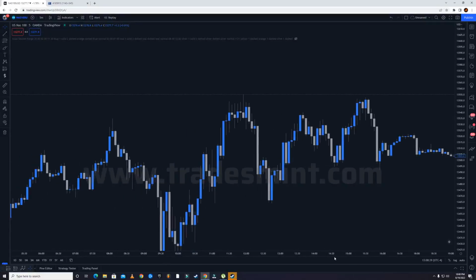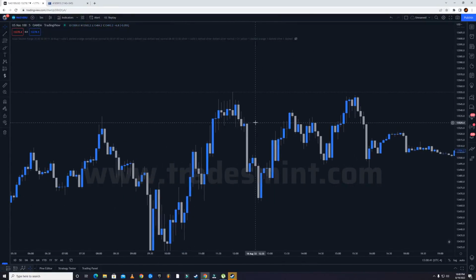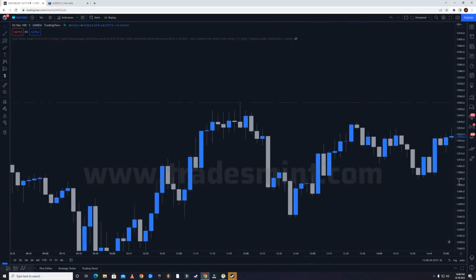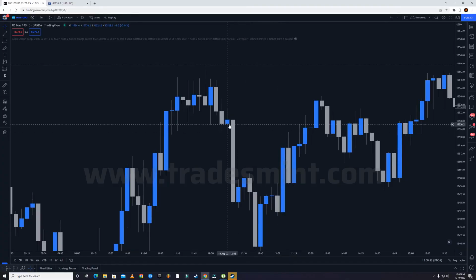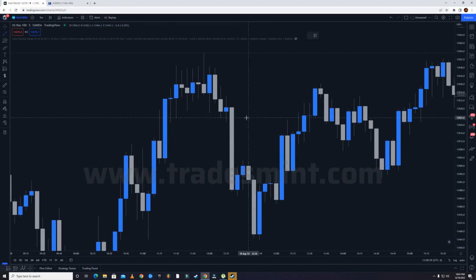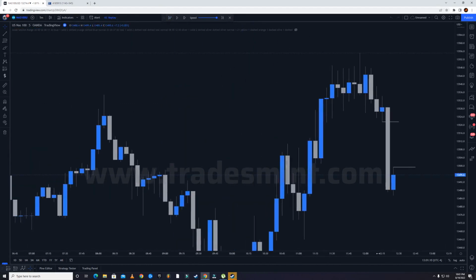So as you can see, let me zoom in a bit. You can see 1, 2, 3 candles, right? So we're looking at three candles. We got one candle right here, the second candle right here, and the third candle right around here. And in between these three candles, we got fair value gap. So let me put that like this, and let me go to the replay mode so it's clear for you guys.